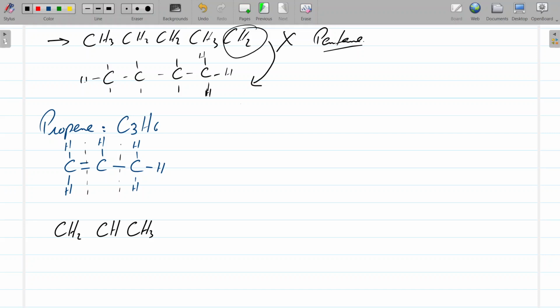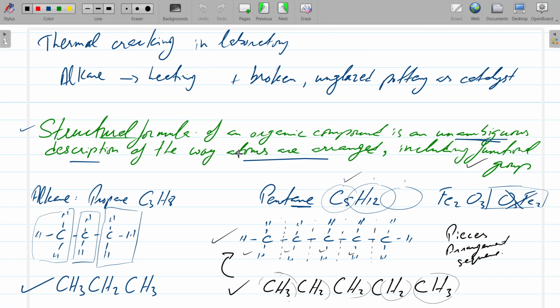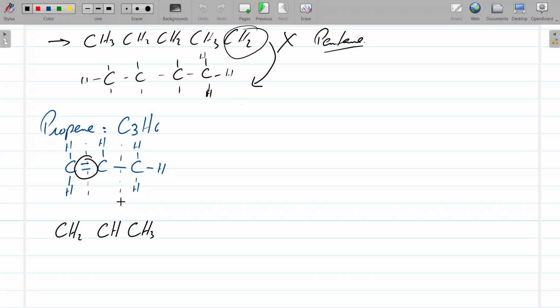Now, the only thing you need to look out for over here is that because there's a double bond, and a structural formula is telling you the way the atoms are arranged and is supposed to be unambiguous, I can figure that out if I use this to make it.